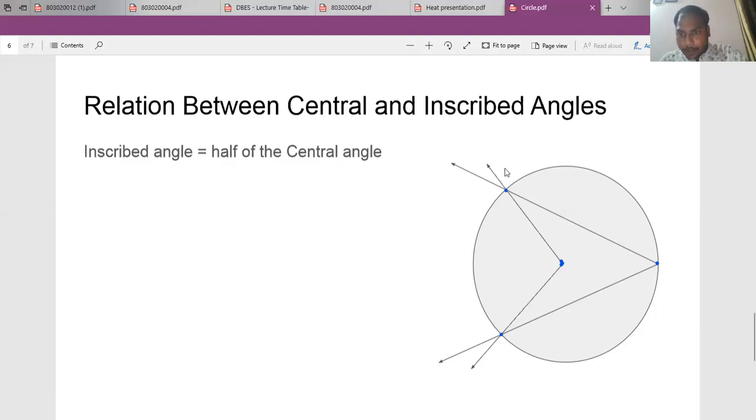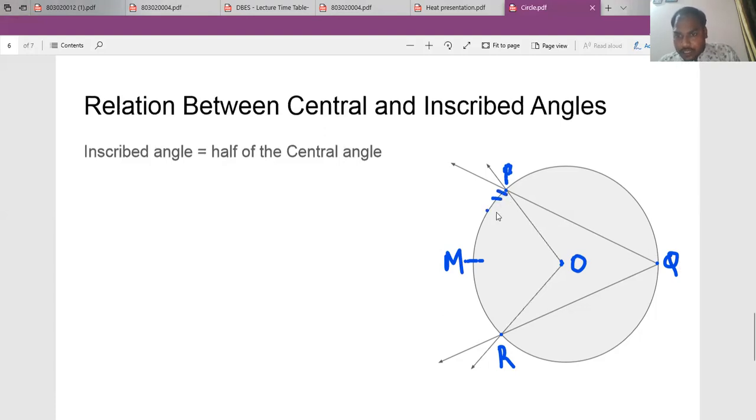Let's say this is P. Let's say this one is Q. This one is R. Let's say this is O. This one is, suppose, M. Okay, try to understand.